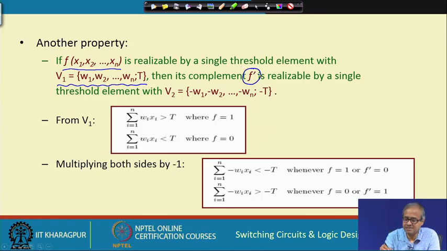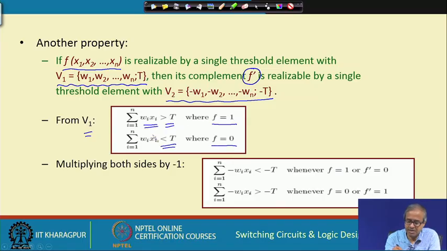The complement function can be directly realized using the weight threshold vector where you negate all the weights and the threshold: minus W1, minus W2, ..., minus Wn and minus t. It is very easy to prove this, because from the first condition from V1, since it is a threshold gate, the weighted sum of Wi xi must be greater than or equal to t whenever f is 1, and less than t whenever f is 0.